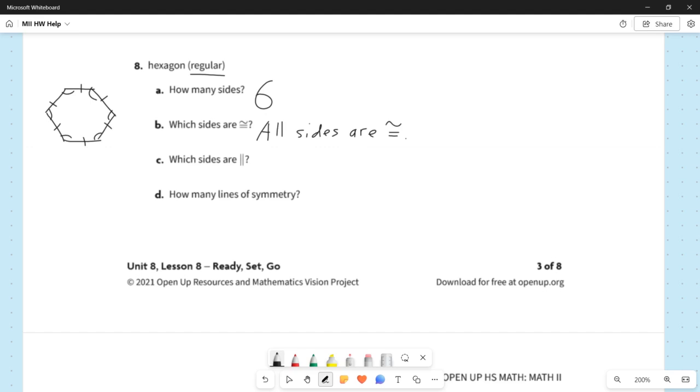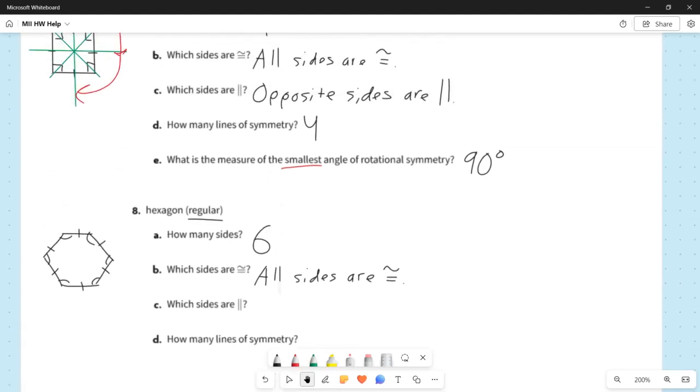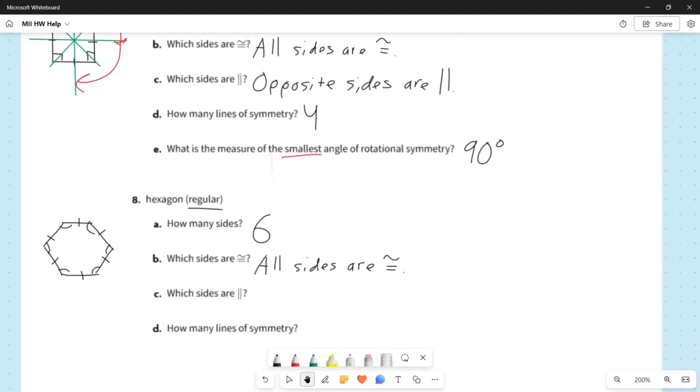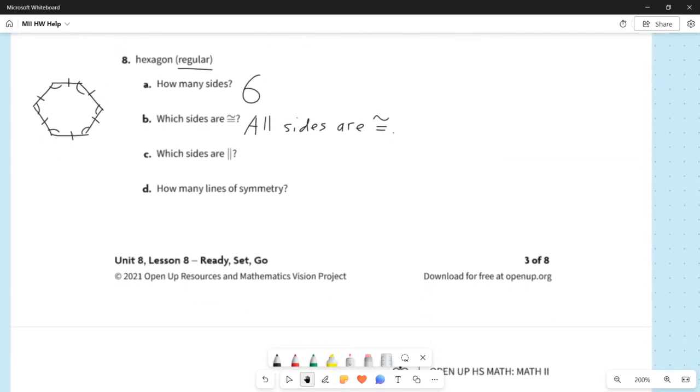But anyway. All right. Which sides are parallel? This one, if you didn't know this fact, it turns out that with a regular polygon, if you have an even number of sides, then opposite sides are going to be parallel. So 4 is an even number. With a square, my opposite sides were parallel. And with a hexagon, I have 6 sides.